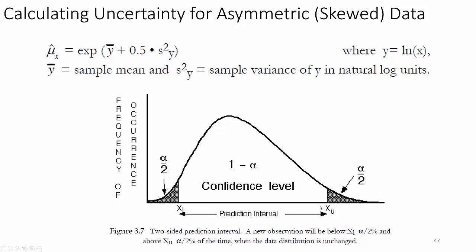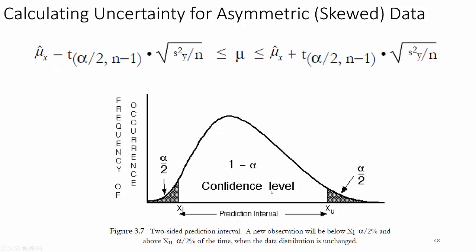with lower and upper confidence intervals. And all we can say with this approach is that we're confident that the mean of x lies between these two lower and upper limits based upon that confidence level. So again, calculating this is fairly straightforward.